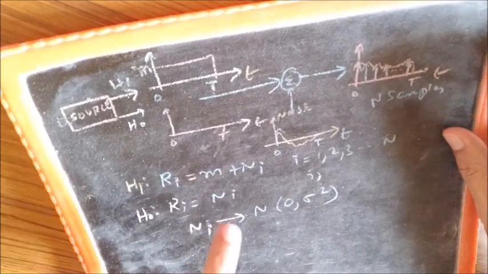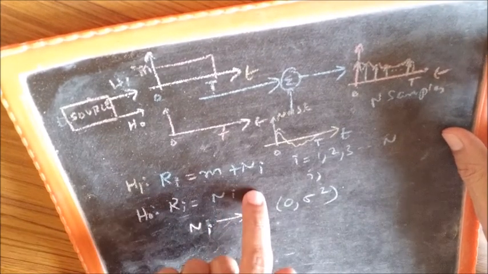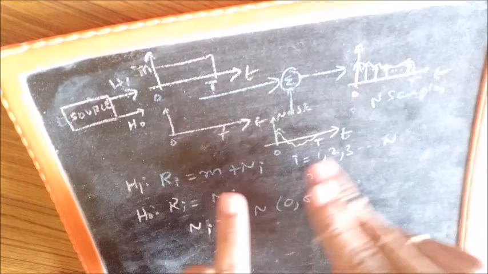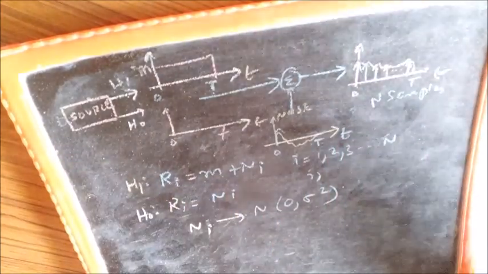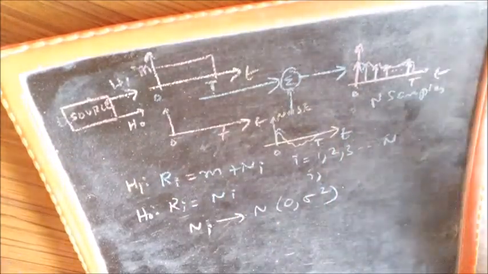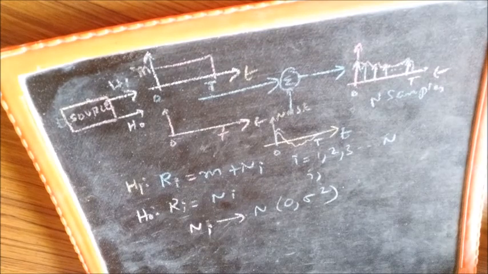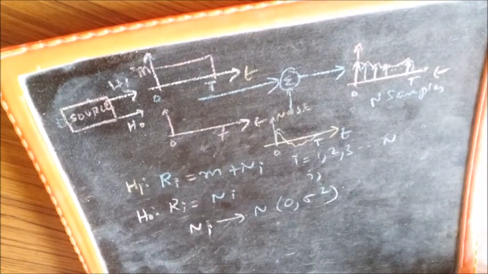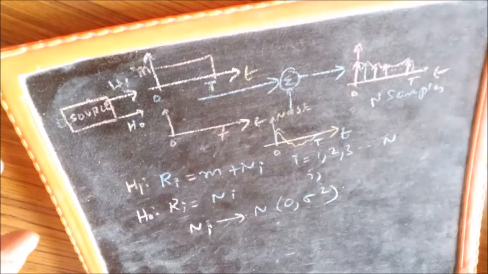So N1 is independent from N2, independent from N3, and so on. These noise samples are not dependent on each other; they are statistically independent. That will reduce the complexity to a great extent, and it is a good approximation in practice. So with this information, we will develop the decision rule.